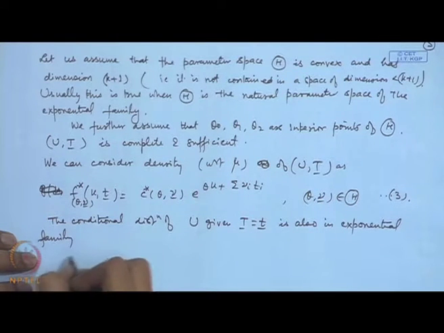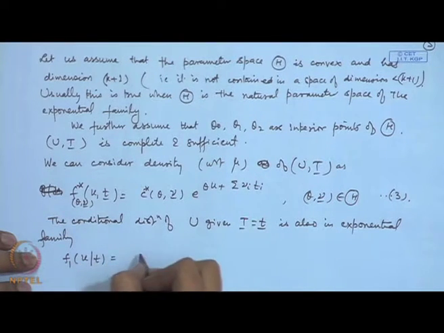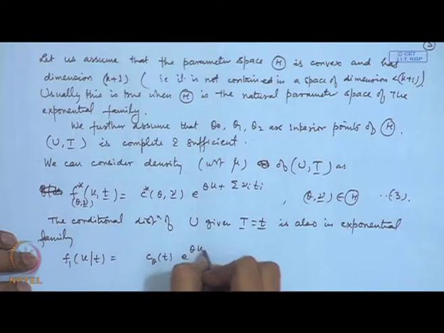So, I can write the notation here, say f 1 of u given t, that is equal to c theta t e to the power theta u, and some coefficient will come.